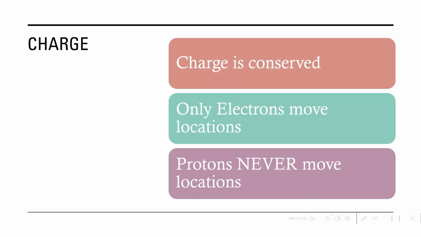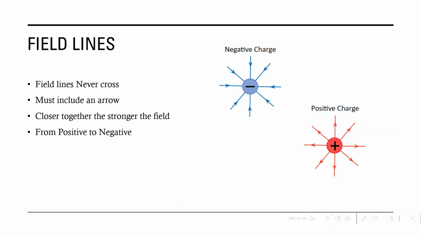Charge. Charge is conserved. Only electrons move locations. Protons never move locations. Field lines. So field lines point into the negative and out of the positive. And when they're just a single point charge, they are straight lines. They do not bend. They are straight into and straight out of. And they must include arrowheads showing their direction.